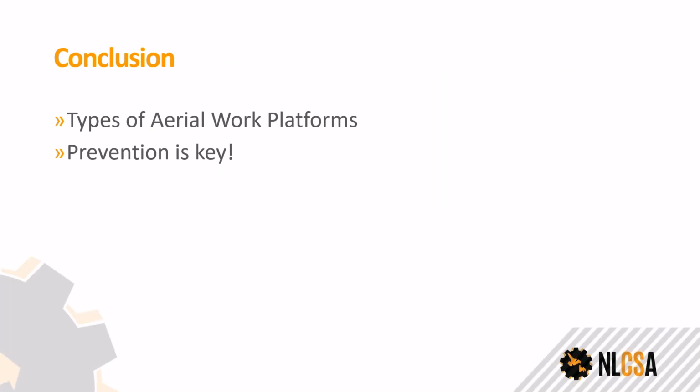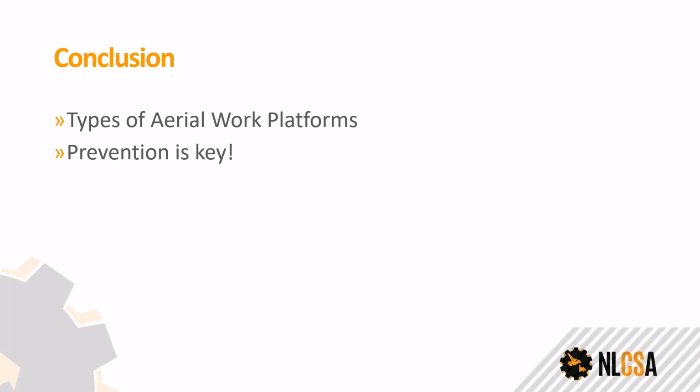So in conclusion, we talked about the different types of aerial work platforms and how one aerial work platform does not fit every situation. So we need to consider changing the type of aerial work platform depending on the location that we need to access. The other thing that we talked about is the different hazards and the prevention measures that can be taken to hopefully prevent an incident from occurring.